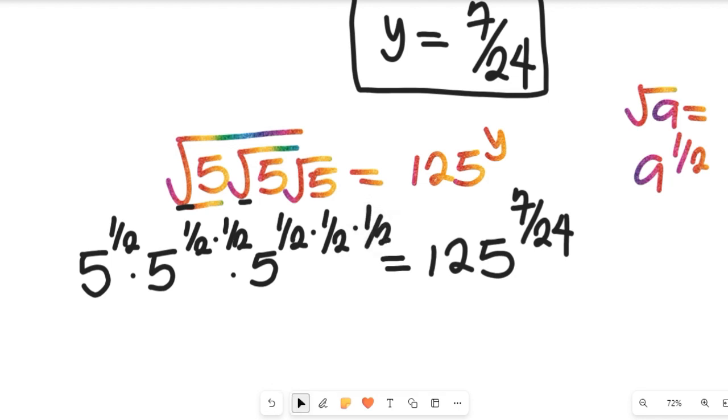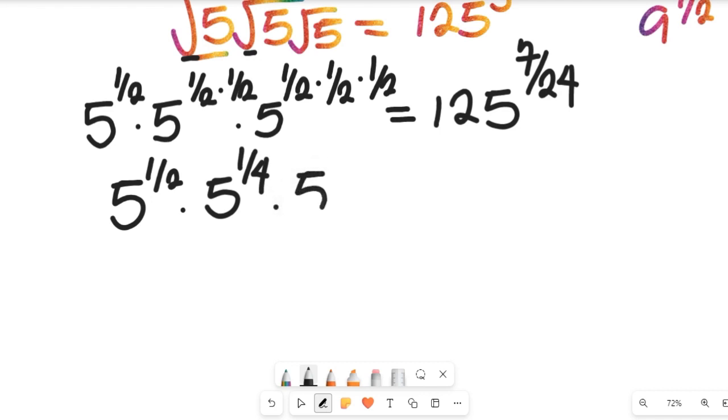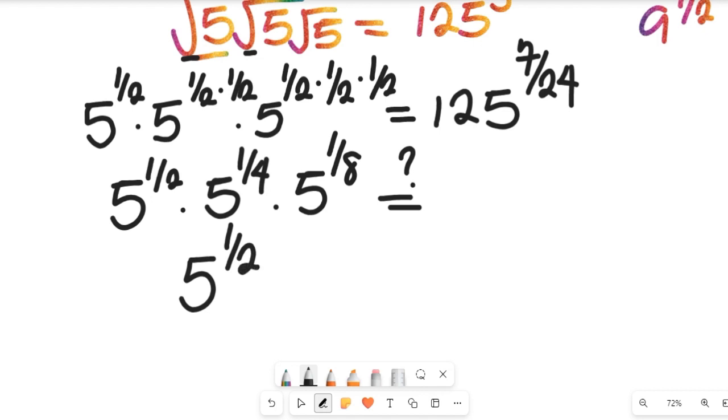Now if you simplify this, you find that this expression will give you 5 to the power of 1 divided by 2 multiplied by 5 to the power of 1 divided by 4, multiplied by 5 to the power of 1 divided by 8, right? Let's simplify this fraction, because this will be equal to 5 to the power of 1 divided by 2 plus 1 divided by 4 plus 1 divided by 8.